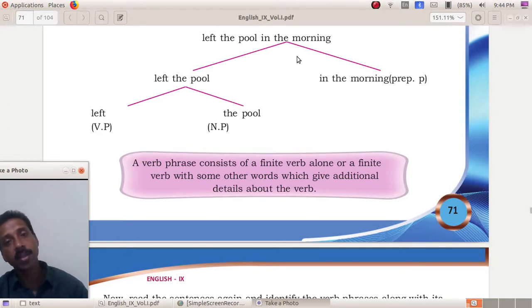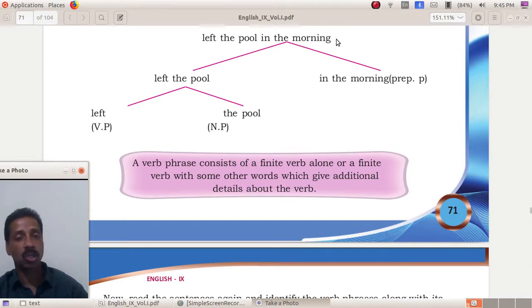Even though it's a prepositional phrase, it has the function of an adverb. That means this prepositional phrase gives an answer to when: in the morning. So this prepositional phrase is an adverbial here.